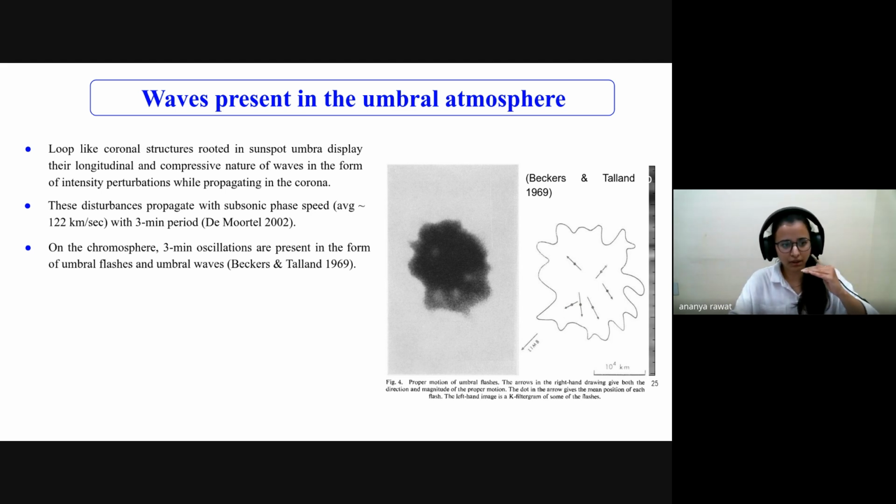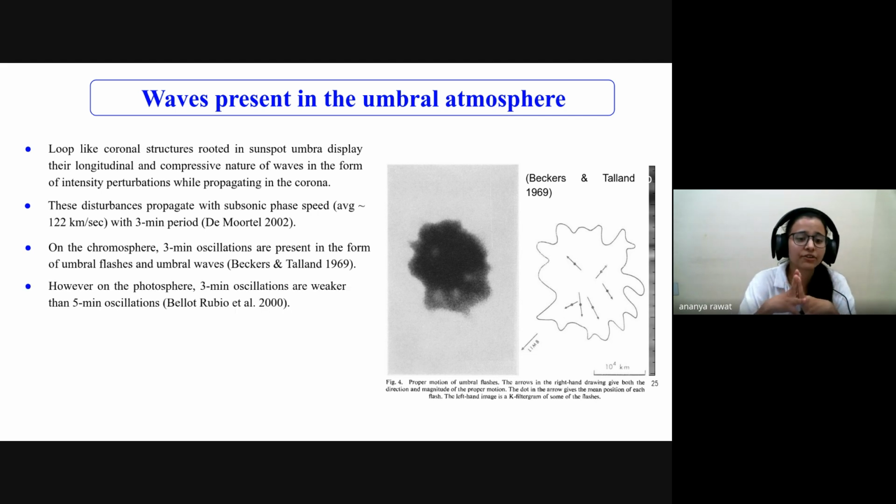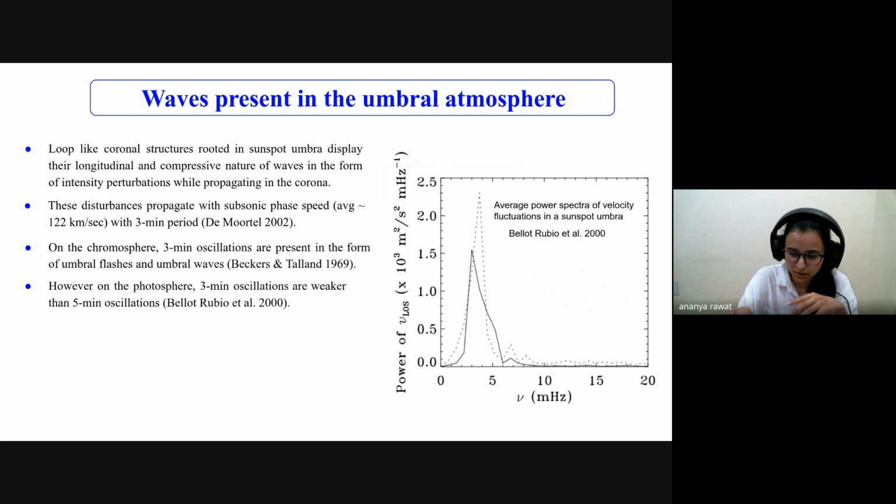Now as we move lower in the solar atmosphere, we have the photosphere. At the photosphere, the 5-minute oscillations are dominating compared to the 3-minute oscillations. So the 3-minute are weaker at the photosphere. Here in this image, this plot is the FFT power spectrum of the Doppler velocity.